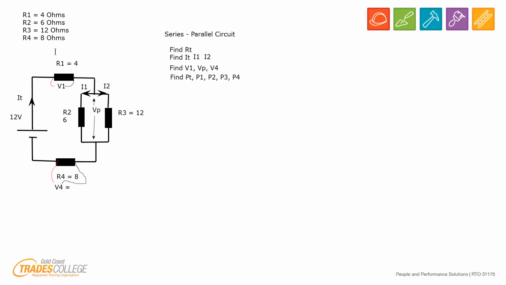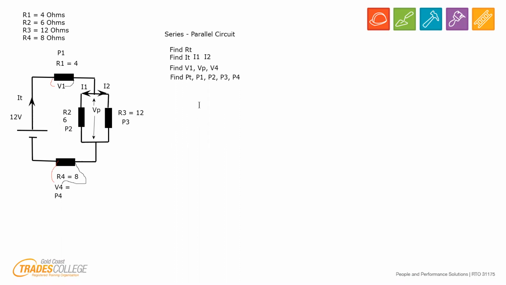Once again, I may have done this previously, guys, drawn a bubble around where we're working. I'm going to write down where these things are. So P1 is up there, P2 is here, P3. Notice that the numbers match the resistor that they're next to, which is always an easy way of doing it. All right, so for this example, these are the things that I need to work out.